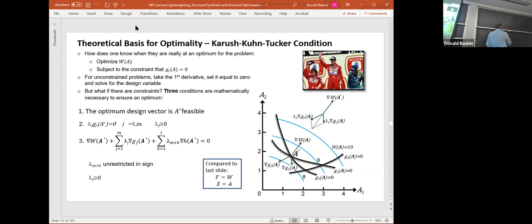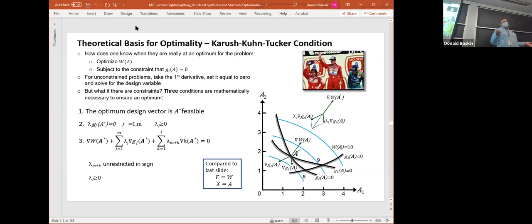So if you remember, last lecture we talked about an unconstrained optimization problem, right? That you can find the optimum of that function by taking the derivative and setting it equal to 0. That's first year calculus. When you have a constrained problem, like we showed, that doesn't work anymore.